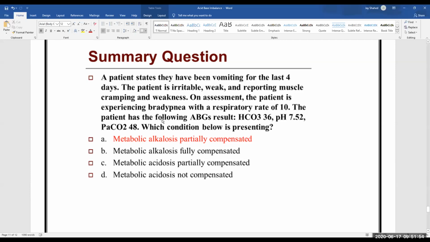So when I give you 48, is it compensating? Yes, it is. So it is compensating. Now, what about the pH? Is that within normal range? No. So it's compensating, but it's not within normal range. So the answer is what? Metabolic alkalosis is partially compensating. Does that make sense? Yeah.